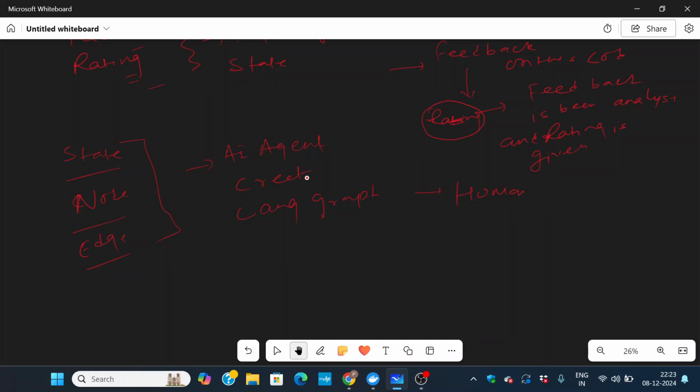Now, certain advantages of LangGraph. The first is that it keeps the logs of state at each checkpoint.